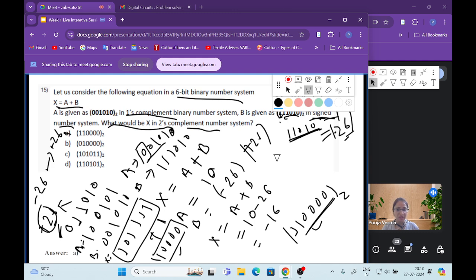Why are we using sign, one's complement and two's complement for negative numbers only? To represent negative numbers in a computer.